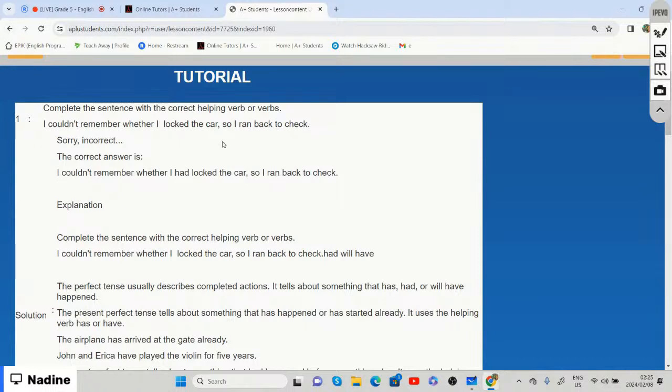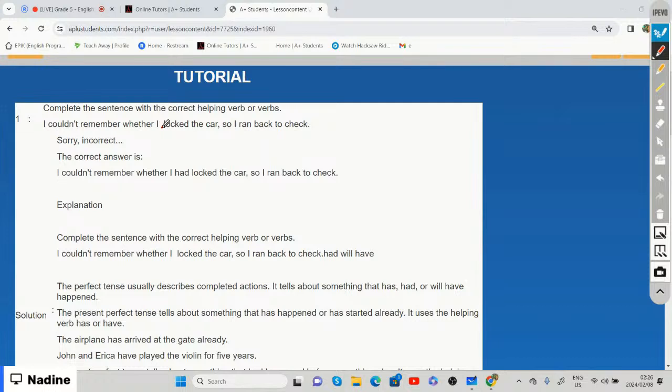So yeah, I couldn't remember whether I had locked the car. All right.